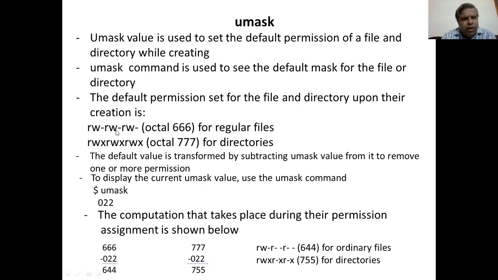So this is relative permission, and in absolute permission it is the octal value 666 for regular files. And for a directory, what is the default permission set? Read, write, execute for owner; read, write, execute for group; read, write, execute for other. And in absolute permission it is the octal value 777. This is for directories.